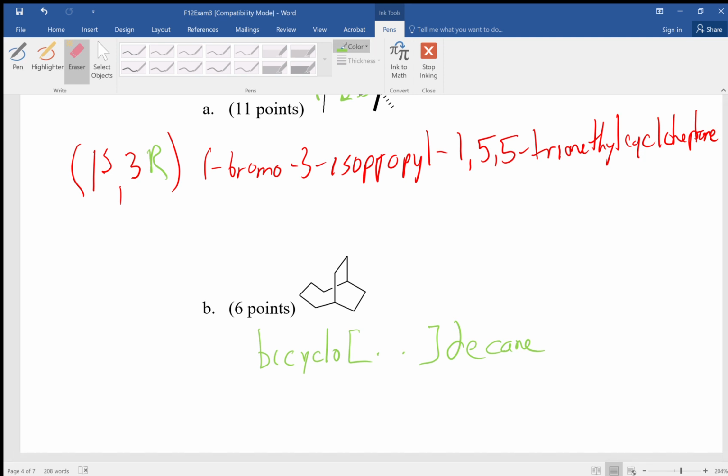Well, the middle part is the number of carbons contained in each bridge. So recall first that these are what we consider the bridgehead carbons. In a bicyclic compound, there's always 3 paths to get from one bridgehead to the other. And so we just need to count how many carbons are in each path. If we go by this path, we have 2.